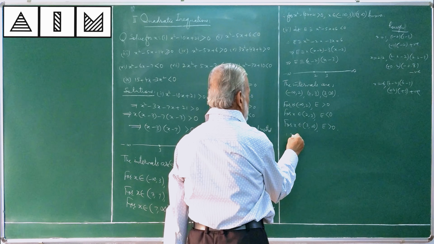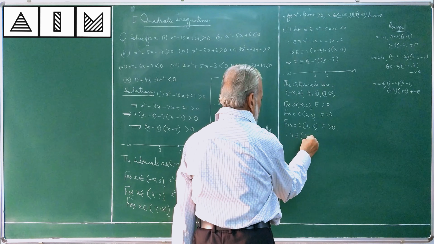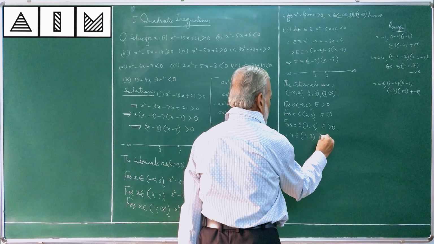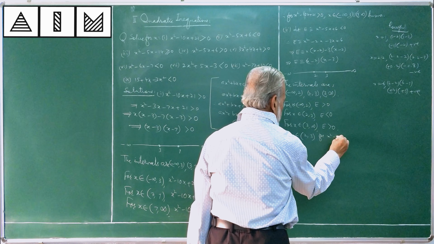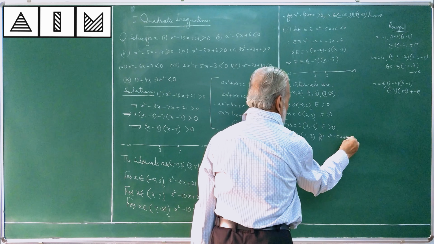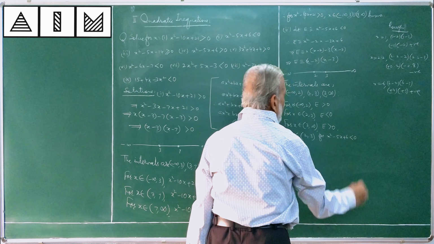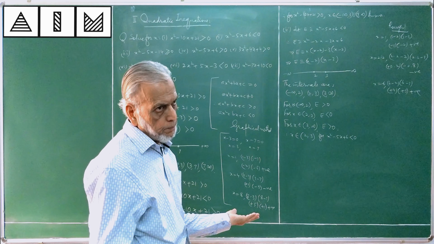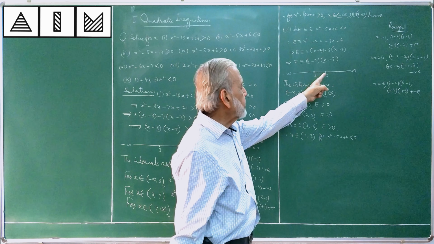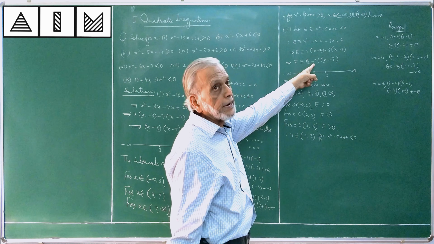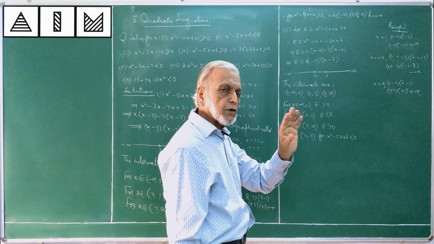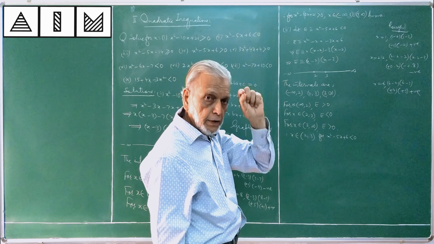Therefore, x must belong to the interval 2 to 3 for x square minus 5x plus 6 to be negative. This is your value. You have seen just now, only in between 2 and 3, this is giving you negative values. Others are positive values not relevant to the particular inequation.